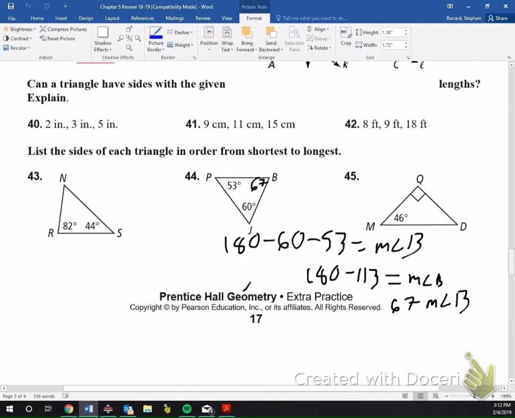So we know that the smallest side is across from the smallest angle, medium side, medium angle, longest side, longest angle. And so JB is our shortest side, PB is our medium side, and PJ is our longest side. I said angle, I mean side. Okay?